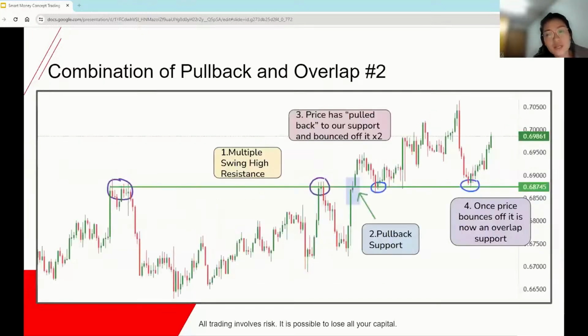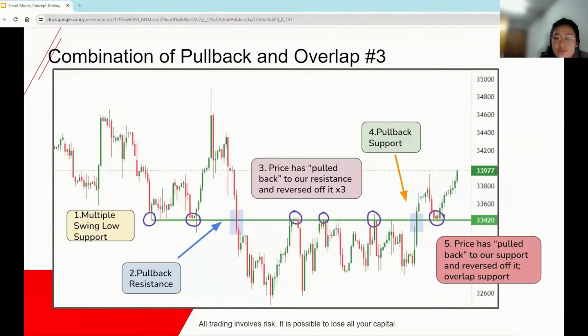Okay, another example, we have two swing highs that line up, the purple circles. Price has surpassed this level and has become a pullback support. So we can expect price to retrace to this level. Take note of the blue circles here. Price bounces off this level twice, making it a strong overlap support.